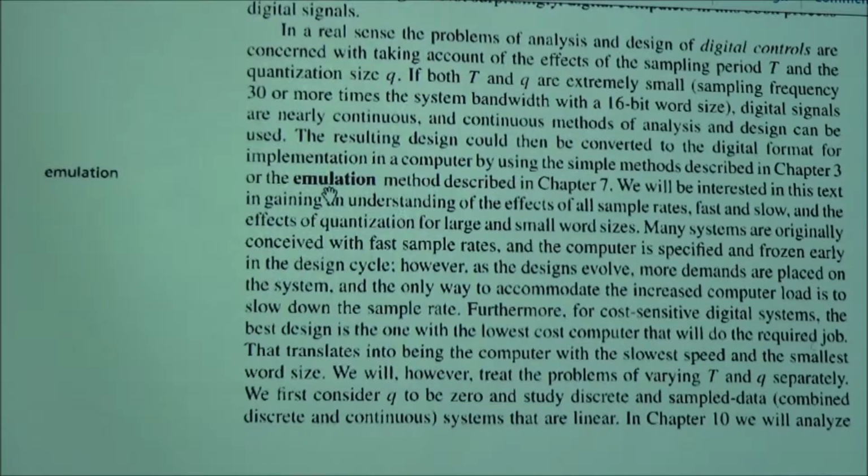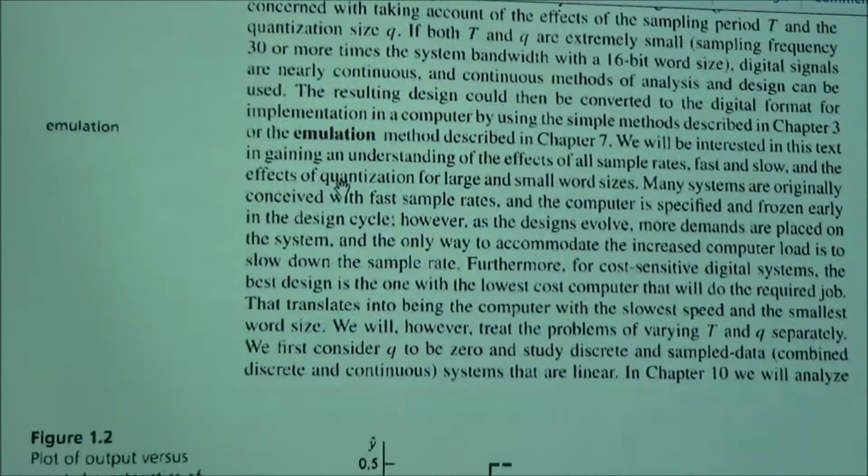Emulation is the situation where you look at the analog controller, but you convert it to a discrete format, and you try to then control your system from that new discrete signal. In other words, the design of that discrete control is not directly coming from a discrete plant. You have already learned how to do analog control like PID, PD, lead network, lag network, and so forth. We convert those into discrete equivalents later on.